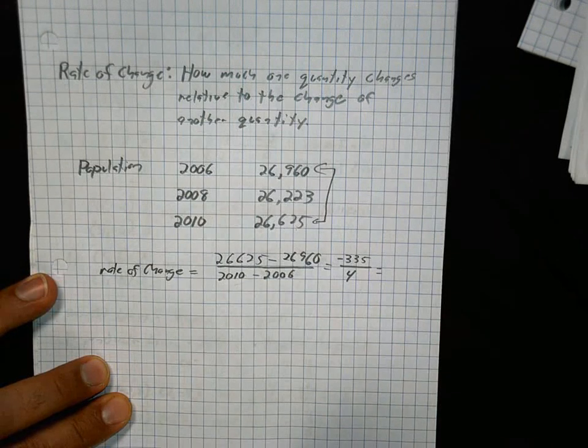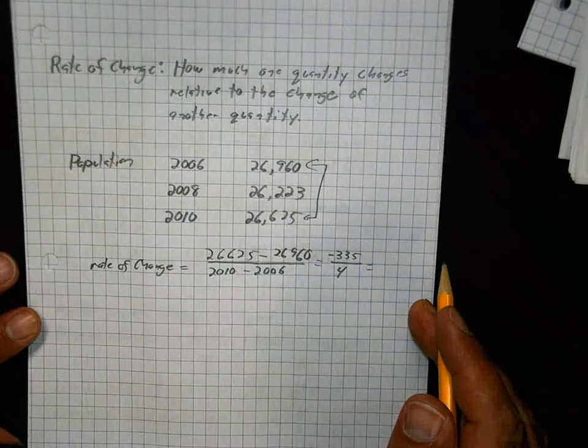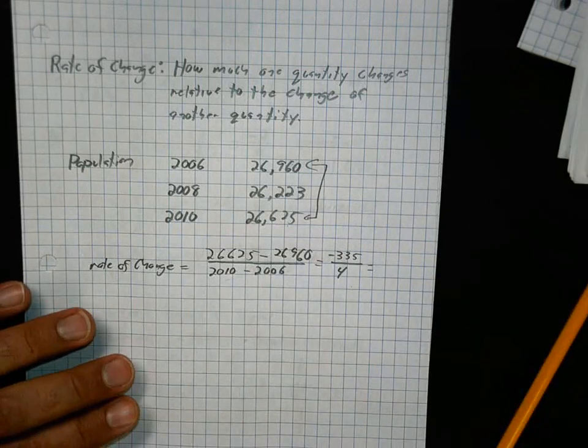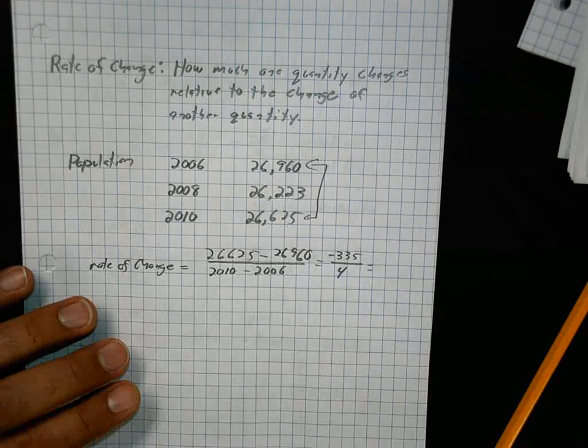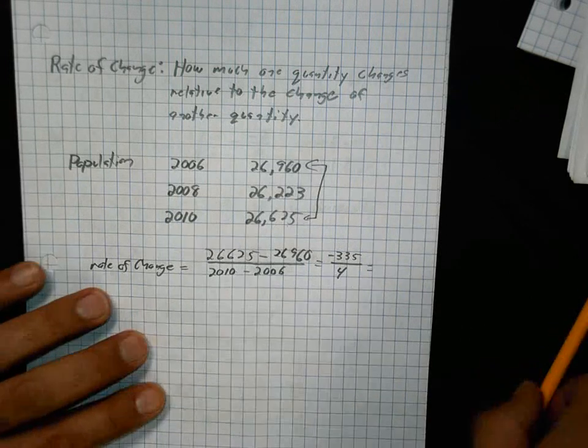And we can calculate that. Using a calculator, we determine the actual rate of change per year in that case. 83.75.